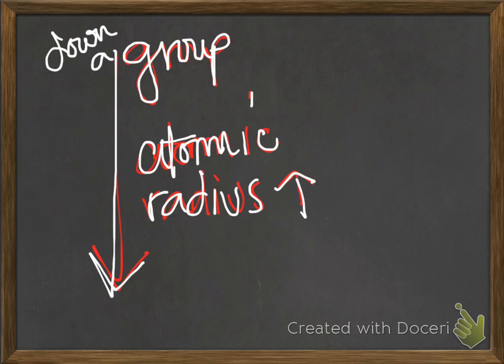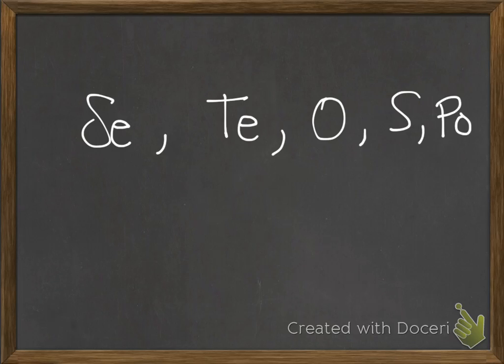So, let's try something. I'm going to give you a list of elements. You put them in order of increasing atomic radius, so smallest atomic radius to largest. Okay, so you've got selenium, tellurium, oxygen, sulfur, and polonium. This is group what? Group 16.